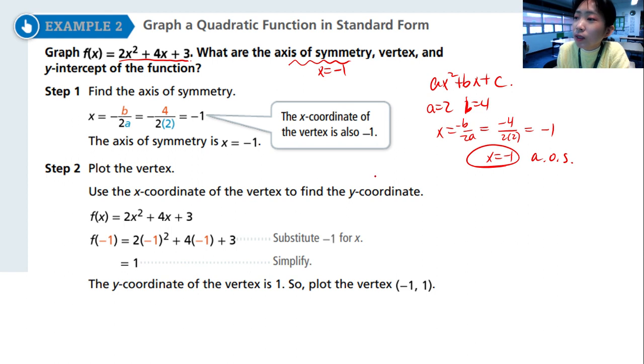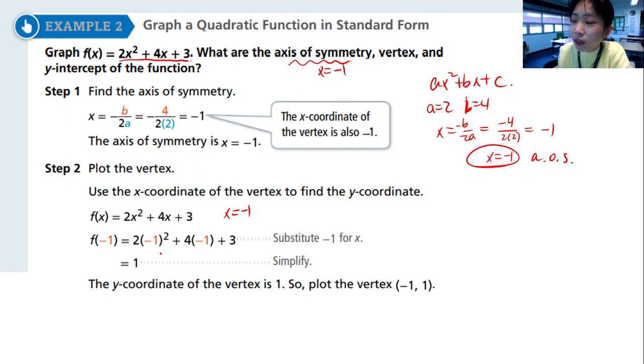Then you want to figure out the y-coordinate. How do you do that? You just plug your x value into your equation. Your equation is f of x equals 2x squared plus 4x plus 3. Plug in negative 1 for x. So f of negative 1 is 2 times negative 1 squared plus 4 times negative 1 plus 3.